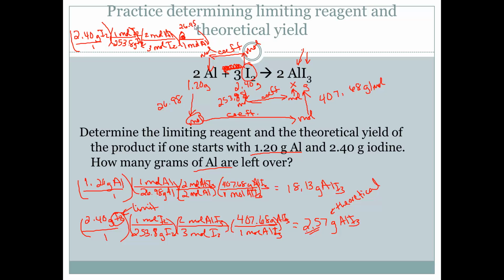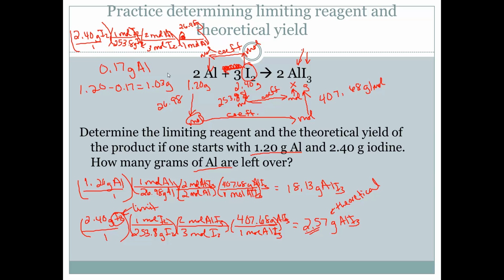So 2.40 divided by 253.8 times 2 divided by 3 times 26.98 comes out to be 0.17 grams of aluminum that's actually used in this reaction. So how much do we have left over? 1.20 minus 0.17 comes out to be 1.03 grams. That was a really long, drawn-out problem.